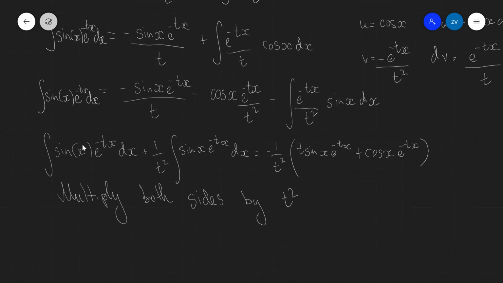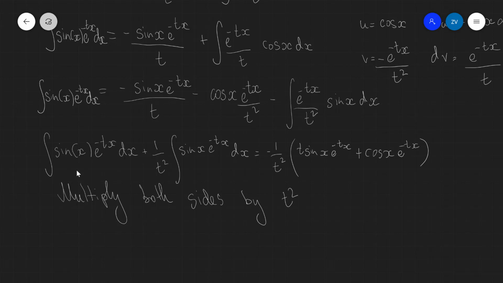And what I have done on this next line is simply rearrange this equation so that both integrals are on one side of the equation. I've taken the factor of plus 1 over t squared outside of this integral sign, simply because this is a constant when we are integrating with respect to dx.